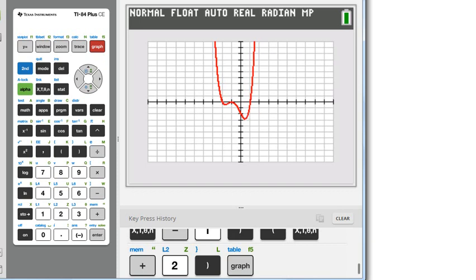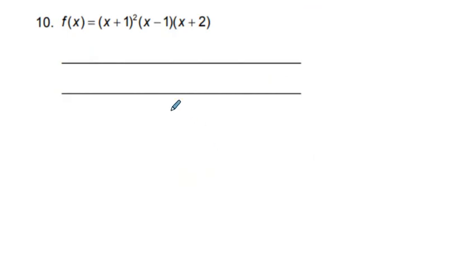It's the absolute lowest value. So what we're going to have is 3 turning points, and one of those turning points is global, and the other 2 are local.